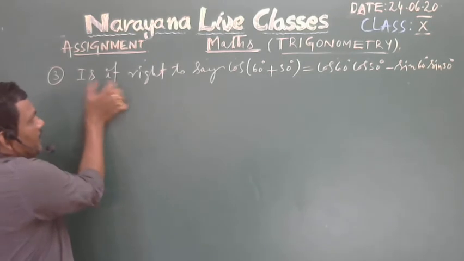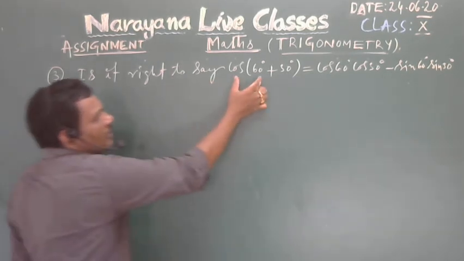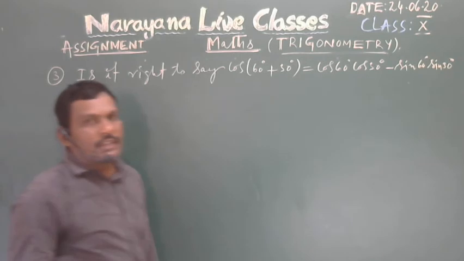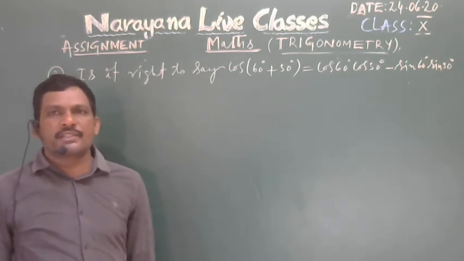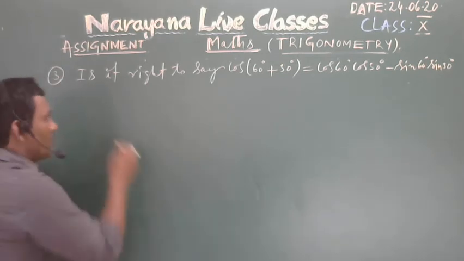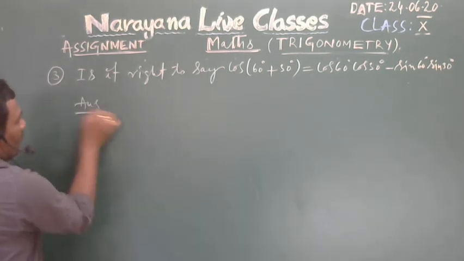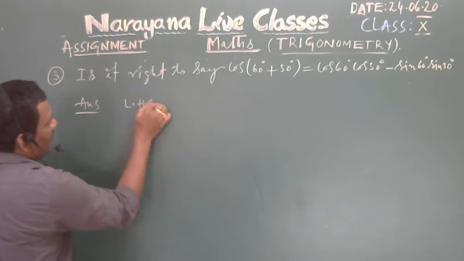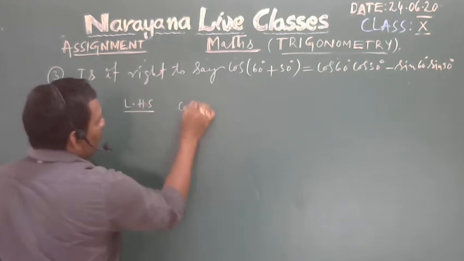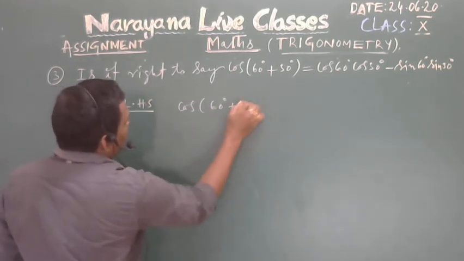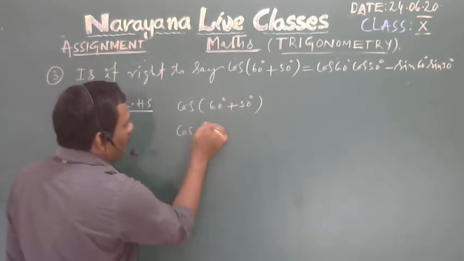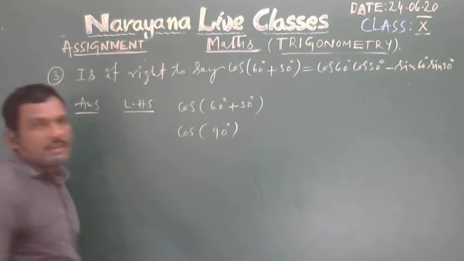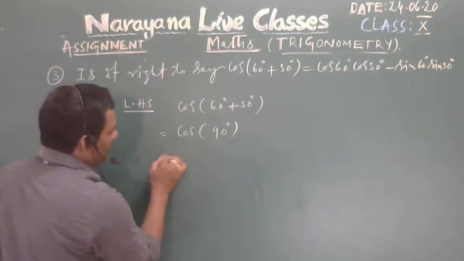Now LHS: cos of 60 degrees plus 30 degrees. Both are adding to cos of 90 degrees. Cos 90 equals 0.